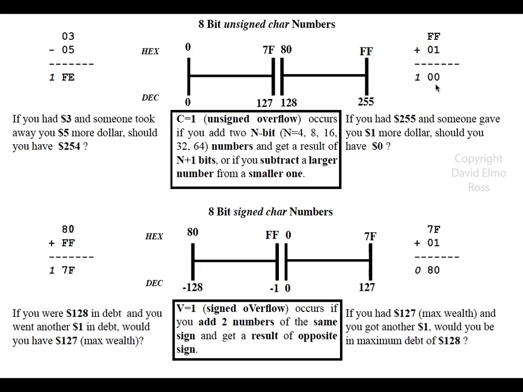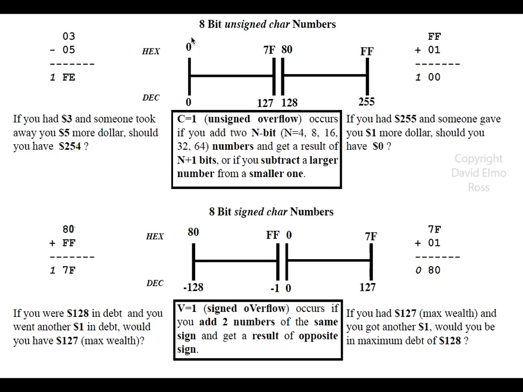So we're losing this information and only able to now deal with these 8 bits here. So that's a problem. Also notice here, if we have 3 subtract 5, that means I go 3 units in this direction, I go 5 units in the opposite direction, and I end up with FE, which is 254, which means I had $3, somebody took away $5, and now I have $254. Makes no sense. Let's take a look at these same calculations down here.